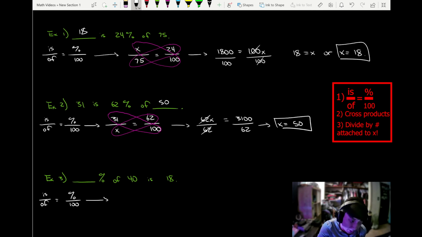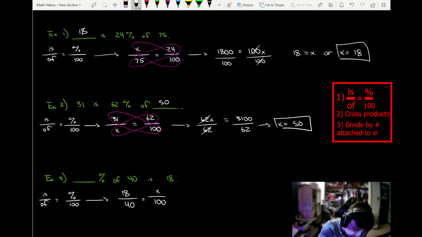But here, the blank is for the percent, so we don't know the top. So when we set it up, we have is over of. We see right here is 18, and then the of is right next to 40, equals percent over 100. So we don't know the percent this time, so we can do x and then over 100.